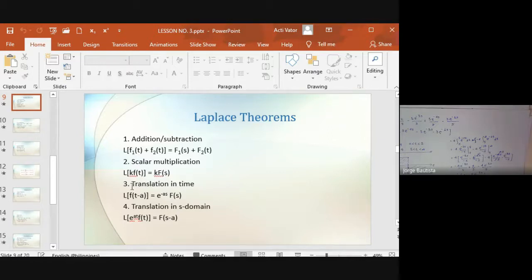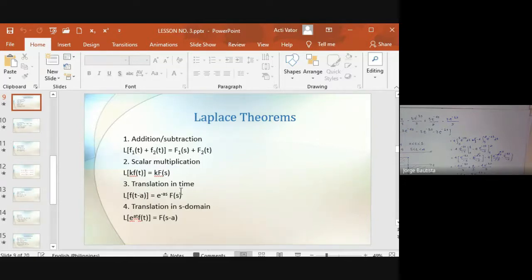Next, number 3, translation in time. Ibig sabihin ng translation in time, class, yung function mo is shifted to a certain value of time. Paano kinukuha ang Laplace nito? Ang unang gagawin, tatakpan mo muna yung a, as if na hindi existing yung shifting.